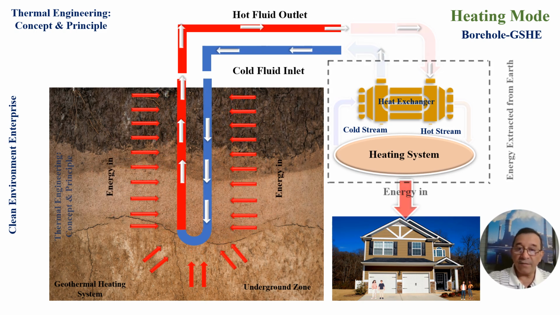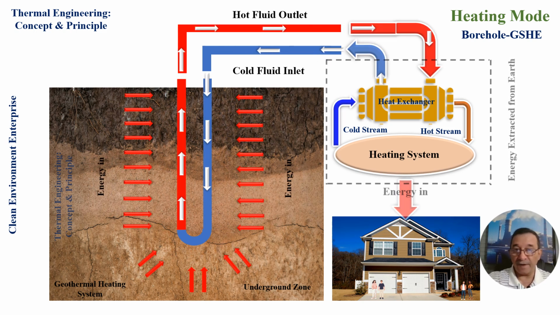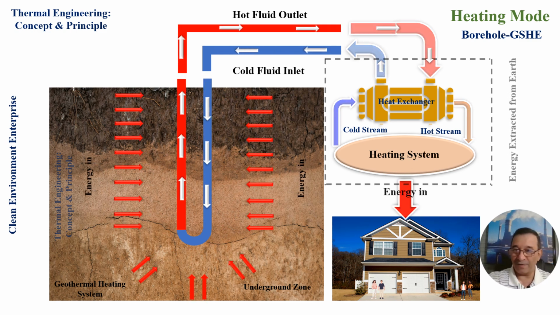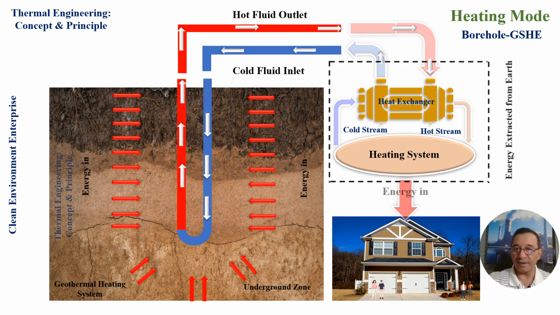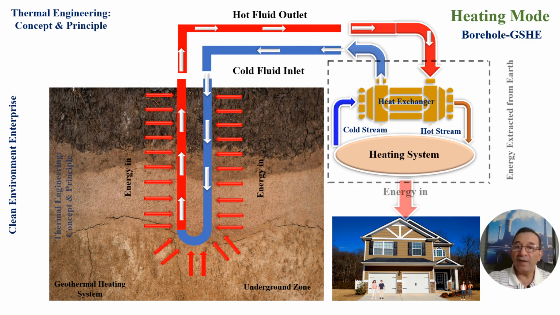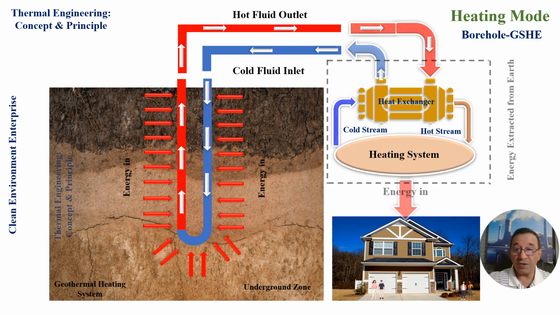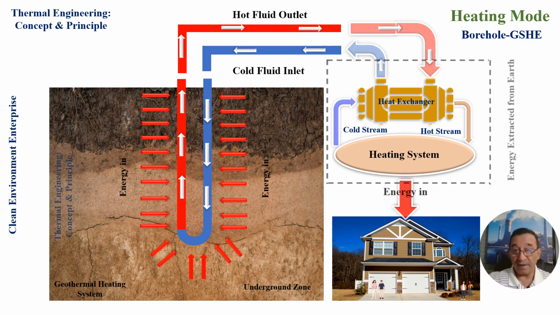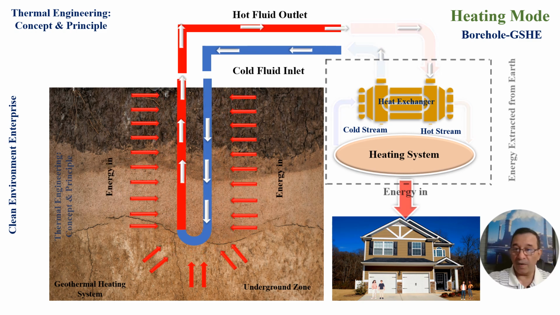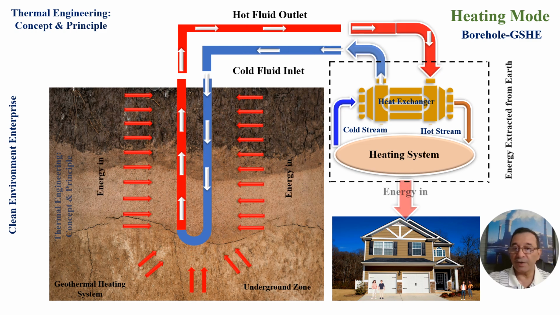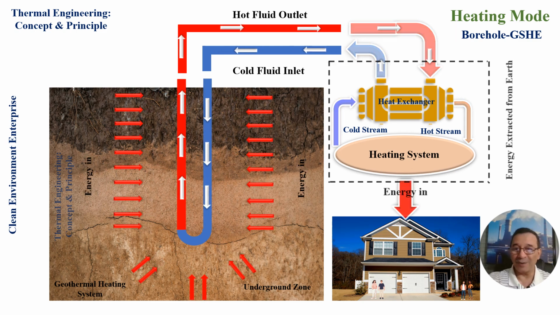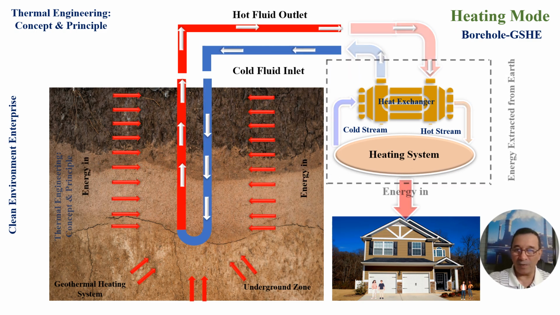Then this fluid will give energy to another circulated fluid, which we have explained in the previous slide, and then that will provide energy to space. In that way, we have extracted energy from Earth and transferred to, for example, domestic use in this example.